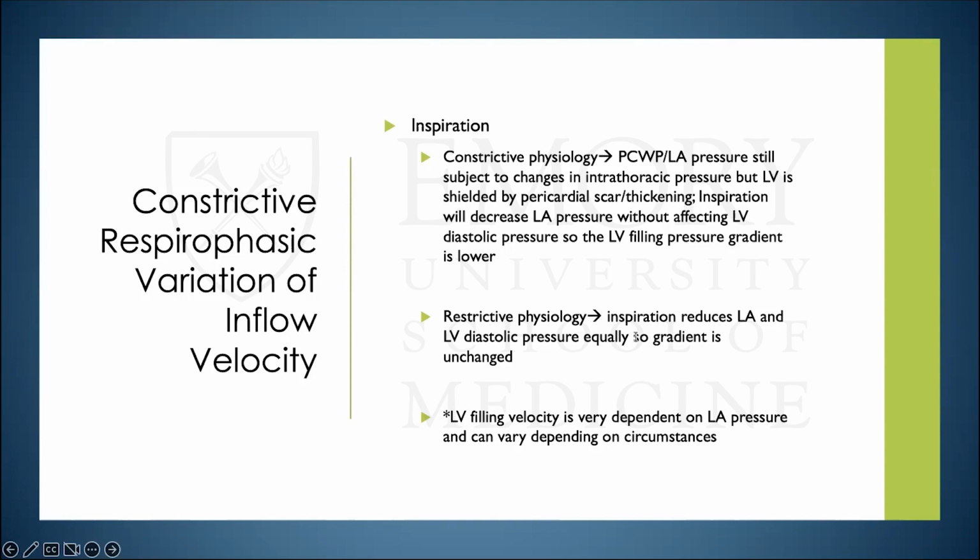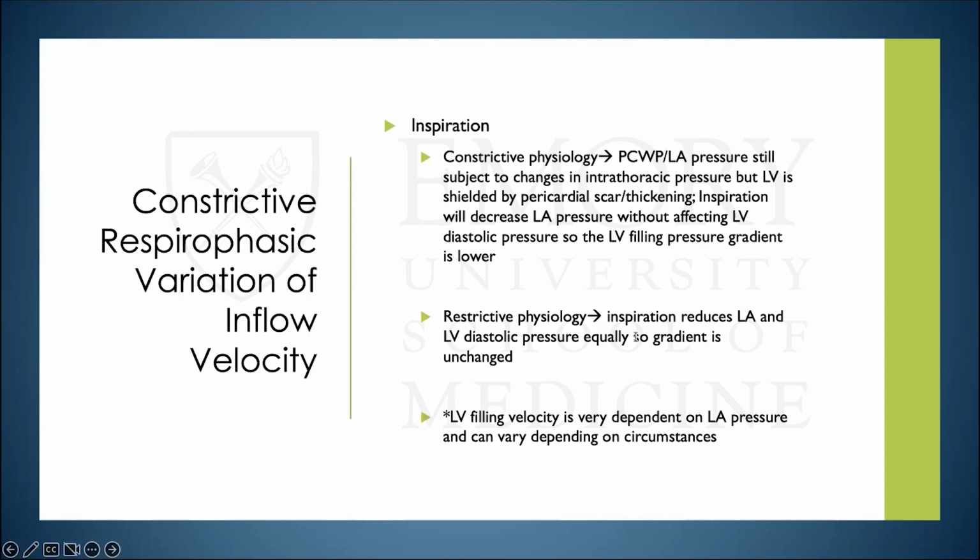And so the LV diastolic pressure does not drop as much. And your LV filling pressure essentially depends on the left atrial pressure's ability to overcome the LV's pressure in order to cause the valve to open and to fill. And so if you don't have that favorable filling pressure gradient, it actually affects your filling velocities.